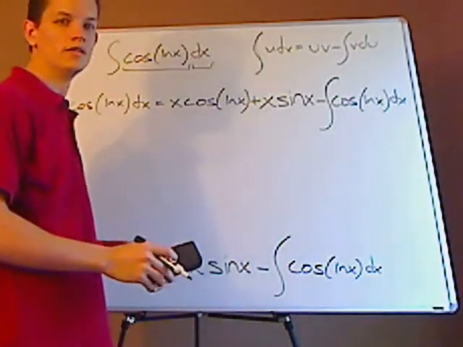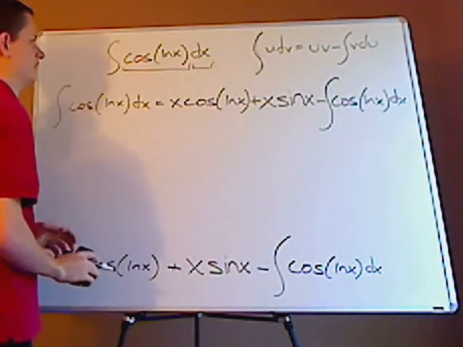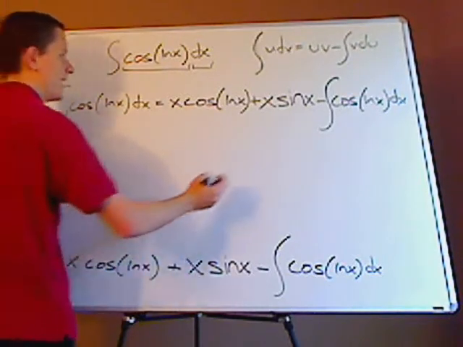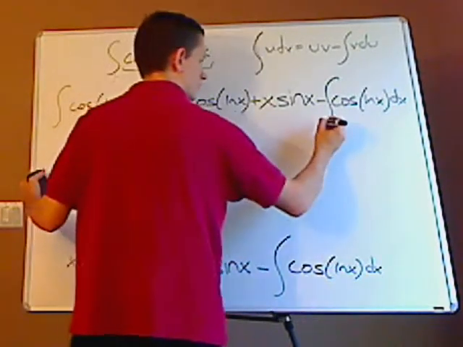Now, when I do this, I'm going to take this guy and move it over to this side. So I'm going to add it to both sides. So let me show you that.